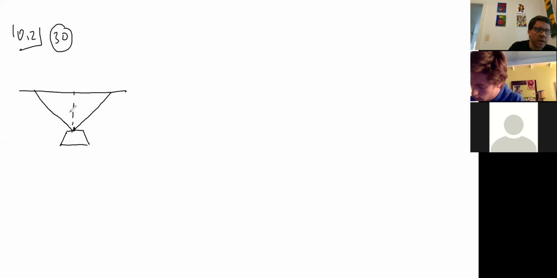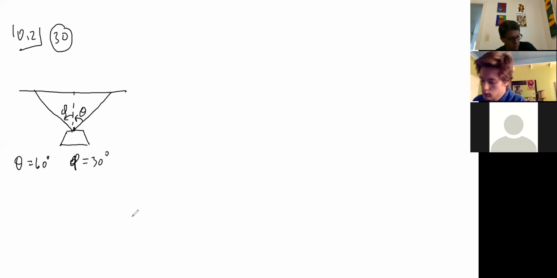One of them is called theta. It's called phi or p, I suppose. And in 30, it says the angle theta is 60 degrees and phi is 30 degrees. And basically find all of the sort of forces that are going on in there.